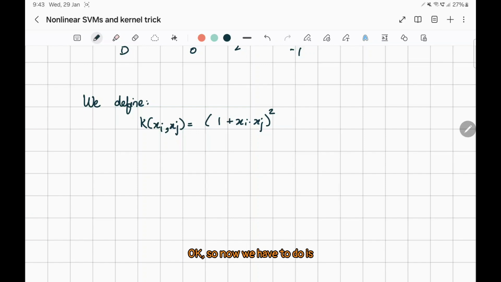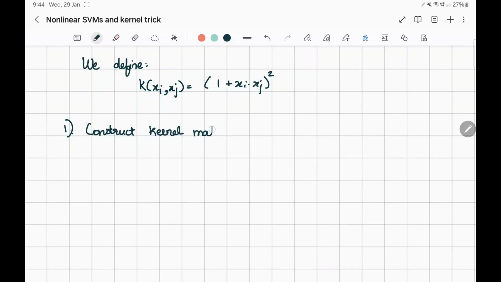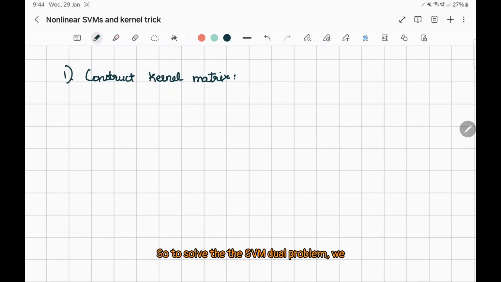Now what we have to do is construct the kernel matrix. To solve the SVM dual problem, we need the kernel matrix, also called the Gram matrix, the matrix of inner products, where each entry is k(xi, xj).